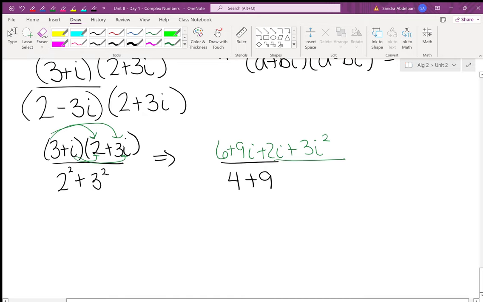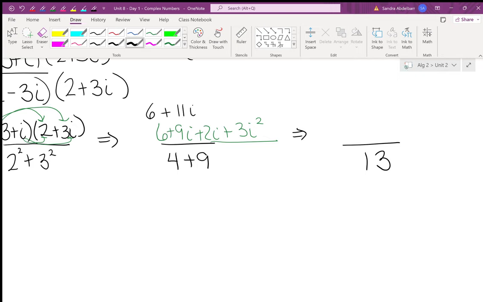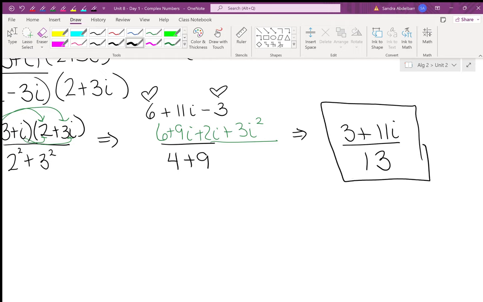Let's keep going. My denominator is 13. Do we agree this is 6 plus 11i minus 3? So then we got the 6 minus 3, which is 3 plus 11i.